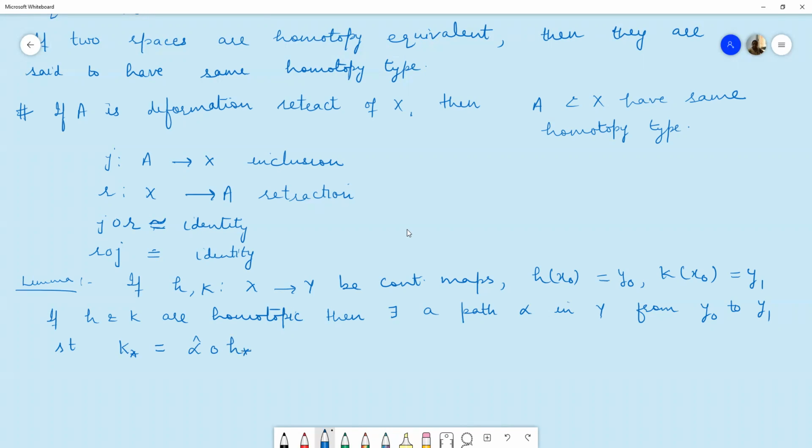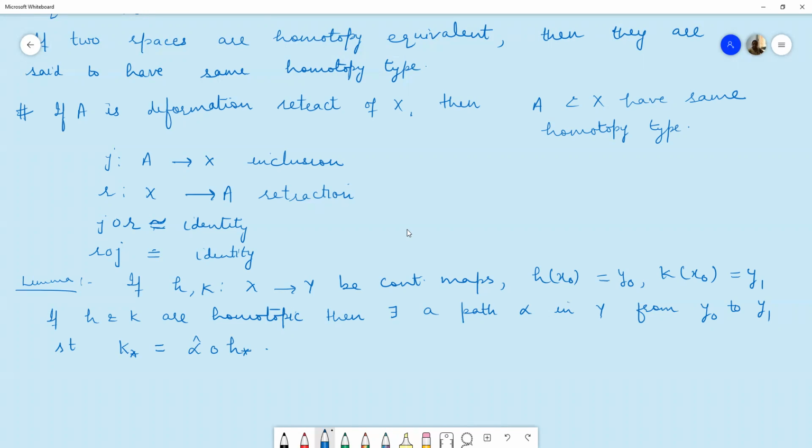So if the base point remains fixed, then k star is actually equal to h star. But if the base point does not remain fixed, then k star is equal to alpha cap circle h star, where this alpha cap is the homomorphism generated by the path alpha from y0 to y1.